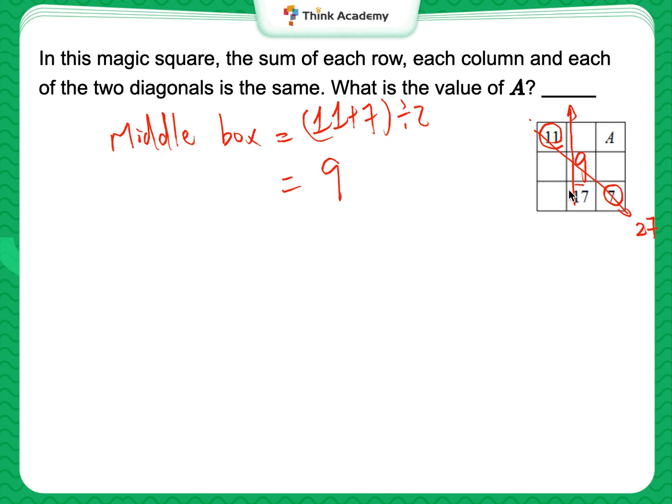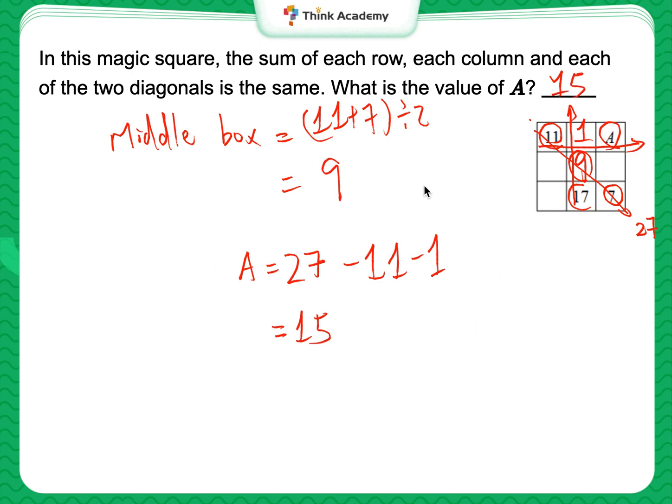So 27 take away 17, take away 9, that's going to be 1. And finally, using this row, I can find A. So A is just equal to 27, take away 11, take away 1. And that's going to be 15. All right, so that's the answer to this magic square question.